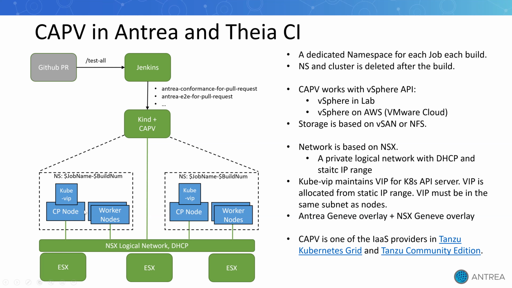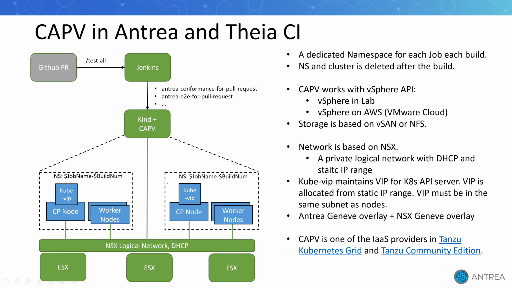So the L2 mode for kube-vip requires that your VIP is in the same CIDR as your node CIDR. So that's why we need to use a static IP for kube-vip, and the rest of the nodes need DHCP. And NSX has the ability to configure all these networking capabilities for the node network and the static IP.